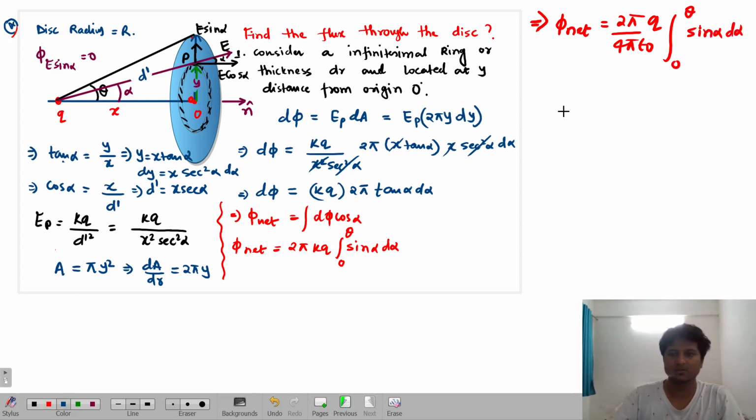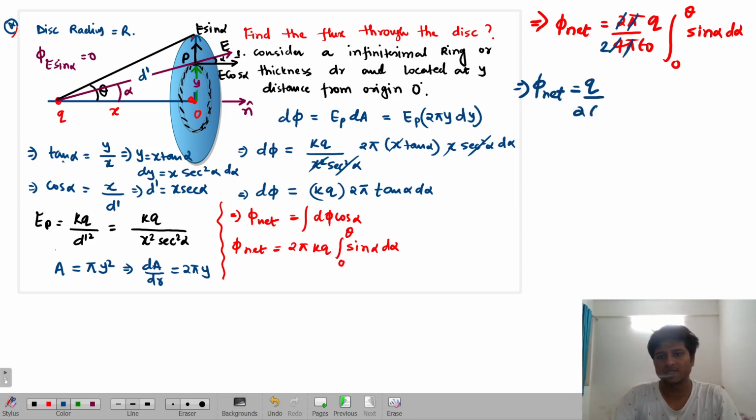That's my term. So phi net is equal to, 2 pi cancels 2, q by 2 epsilon naught, and the integration of sin alpha is minus cos alpha from 0 to theta.